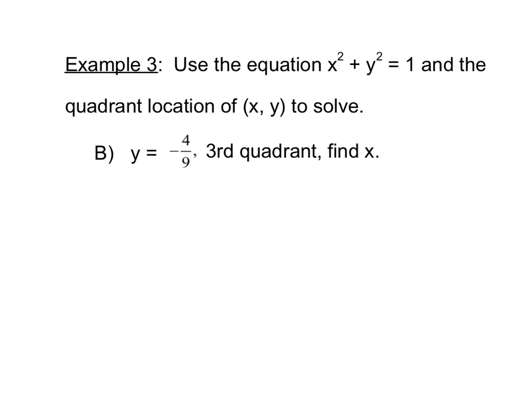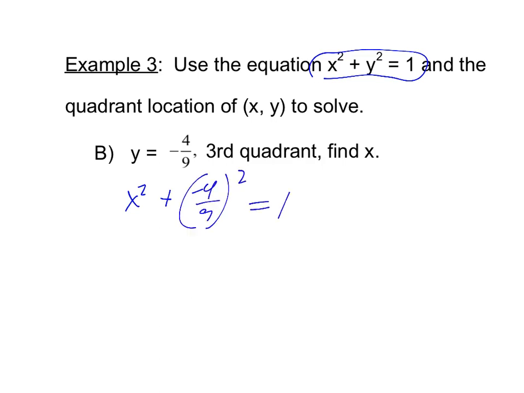So here, x squared plus y squared equals 1, so x squared plus negative 4 over 9 squared equals 1. So that's x squared plus 16 over 81, 4 squared over 9 squared, equals 1.